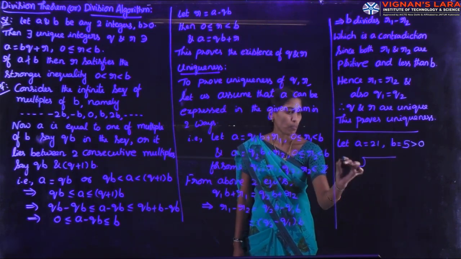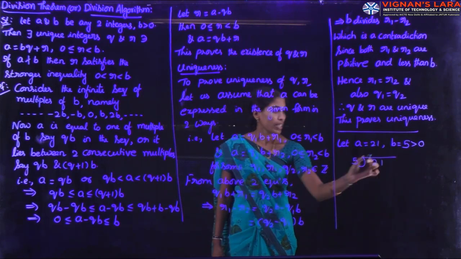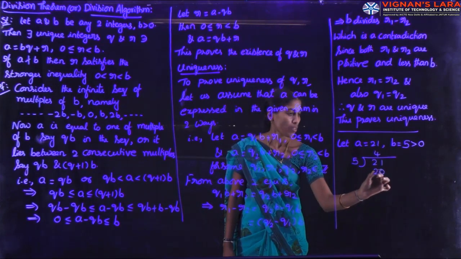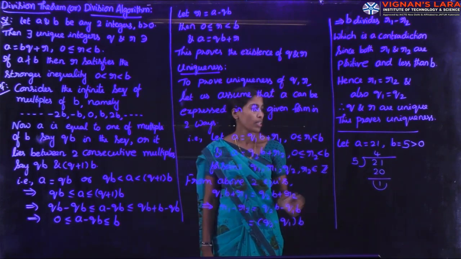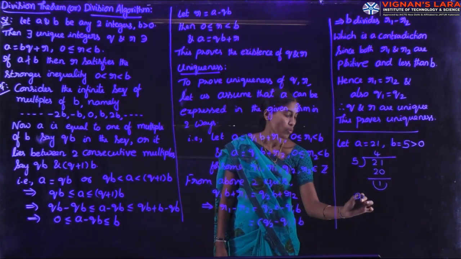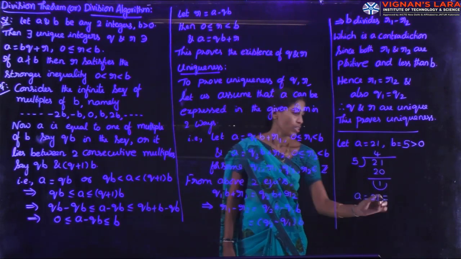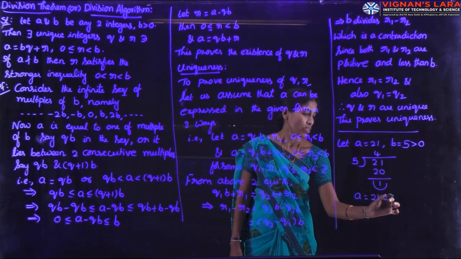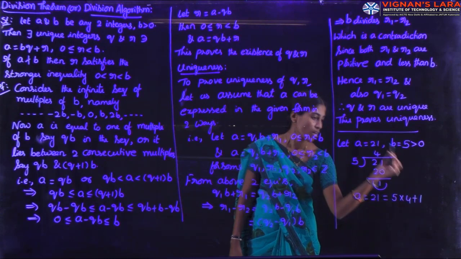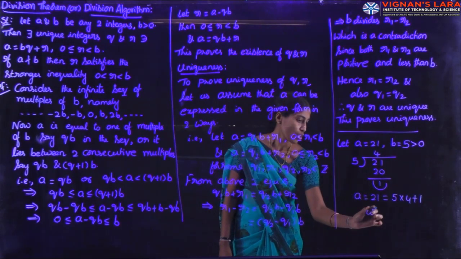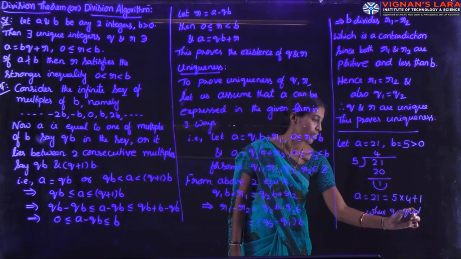If we divide 21 by 5, we get 4 times 5, fours are 20, we get 1, right? Here A is equal to 21, which can be expressed as 4 into 5, that means B into Q plus R, where Q is nothing but the quotient of this division.